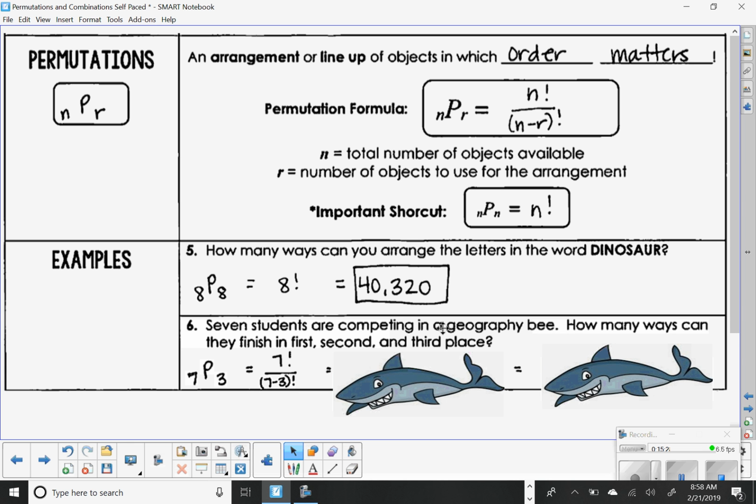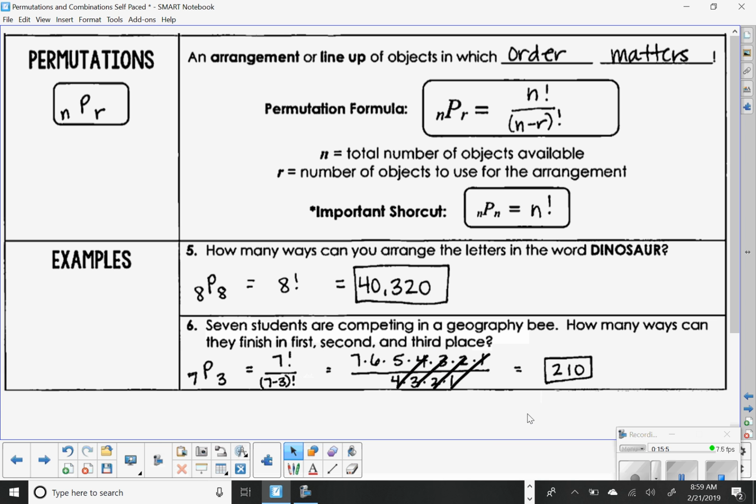So you've got a total of 7 students, and you've got 3 places. So it's 7 factorial divided by what is essentially 4 factorial. Notice here that you can cancel all of these, so it's just 7 times 6 times 5. And that turns out to be 210.